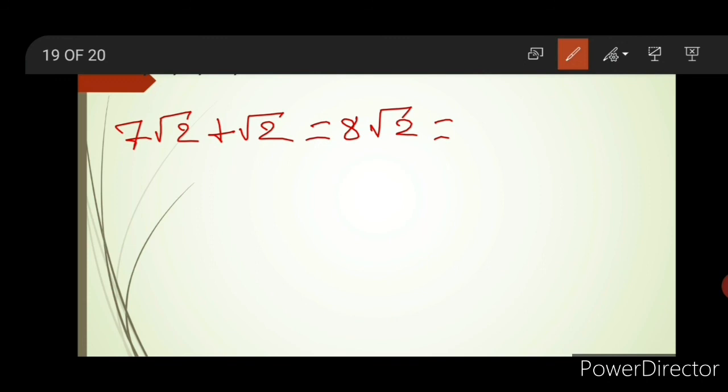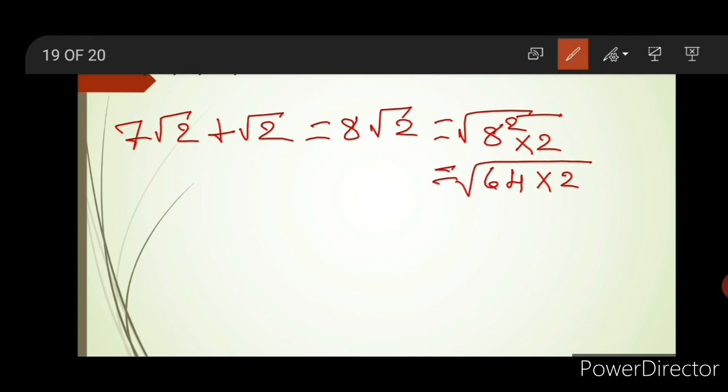Simplify yourself. Yes, 8 square, it becomes 8 square into 2. Square root of 8 square into 2: 8 square is 64, into 2, 64 twos is square root of 128. So what are the next terms?